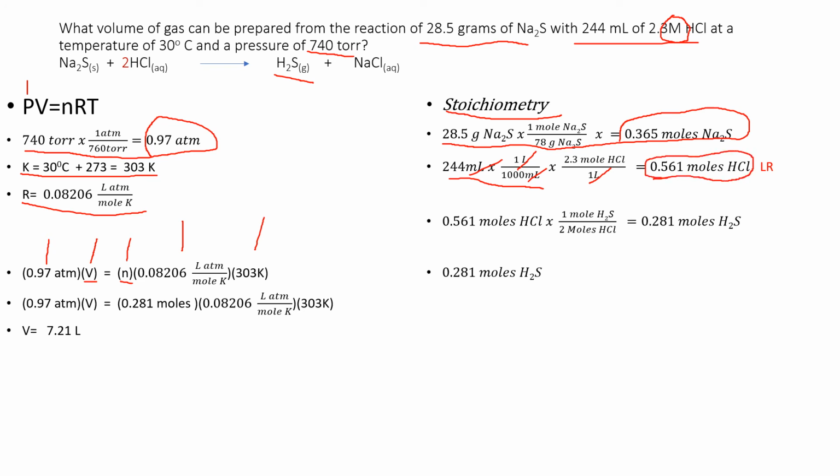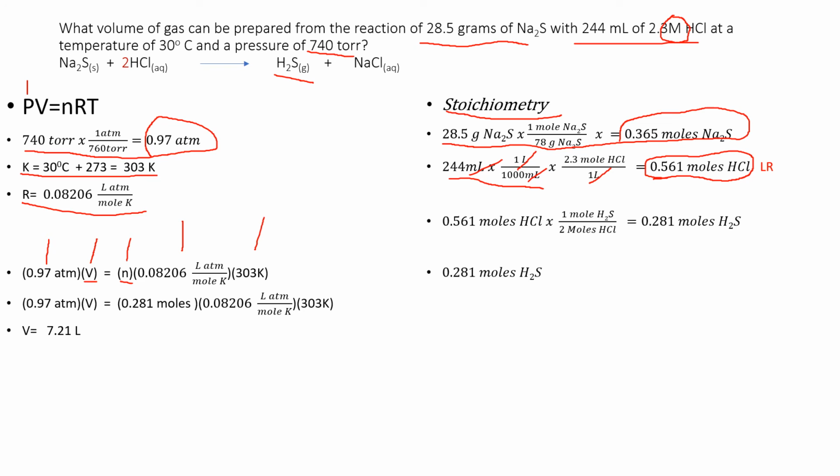of HCl. At this point, when you have your two reactants in mole quantities, it's now time to determine which one's going to run out first. Remember the procedure that we went through in order to figure out what the limiting reactant is. We have to compare what we have. We have 0.365 moles of sodium sulfide, and we have 0.561 moles of HCl.